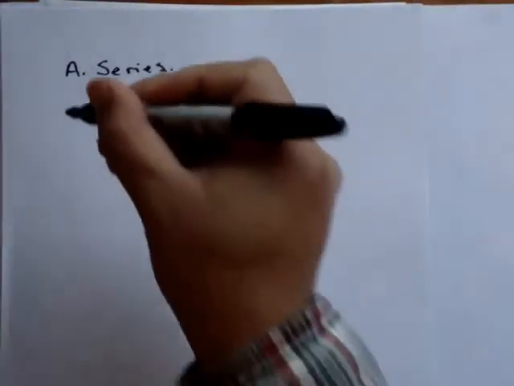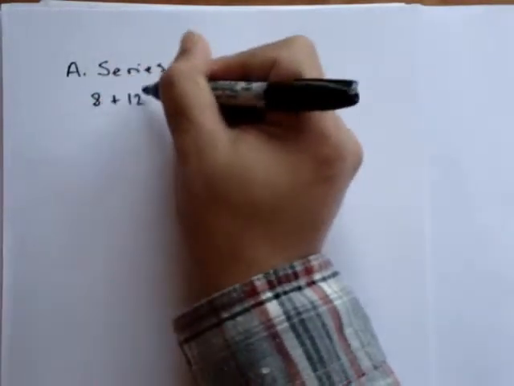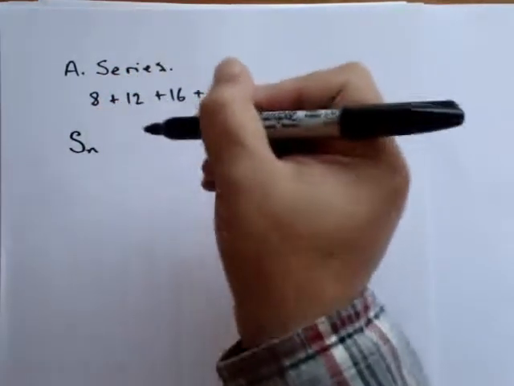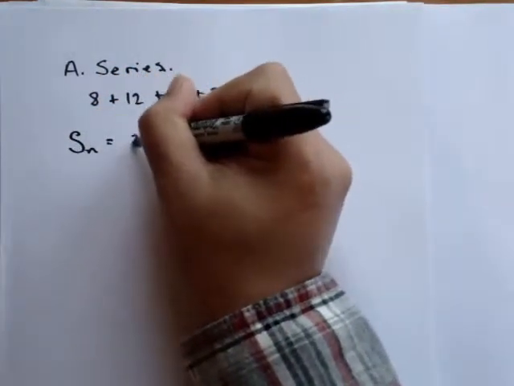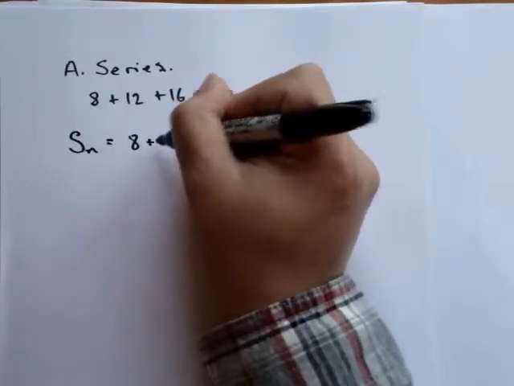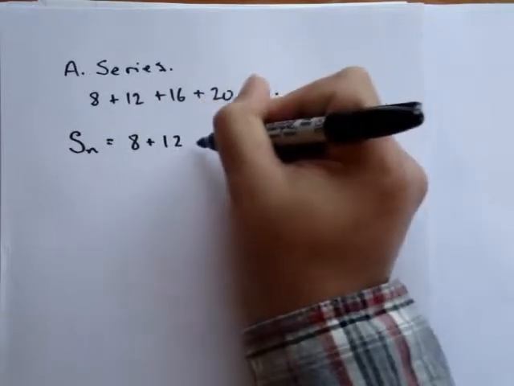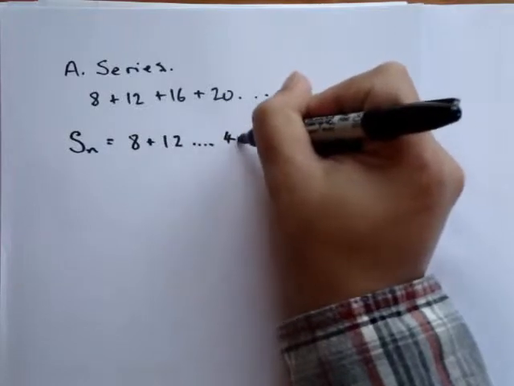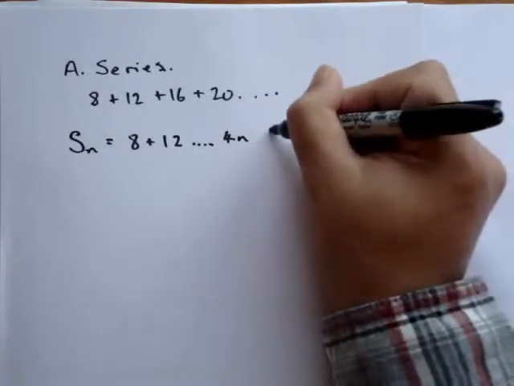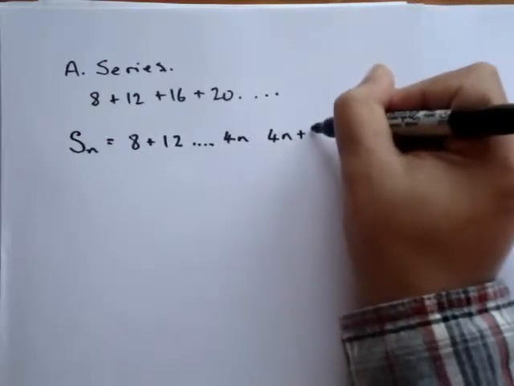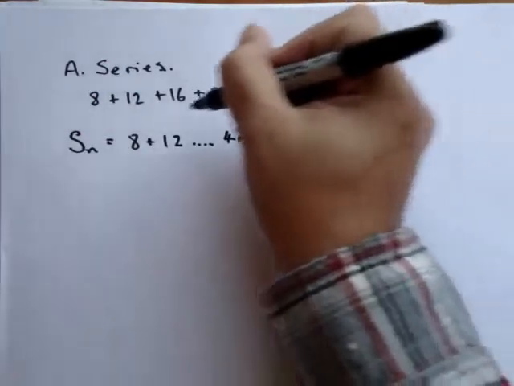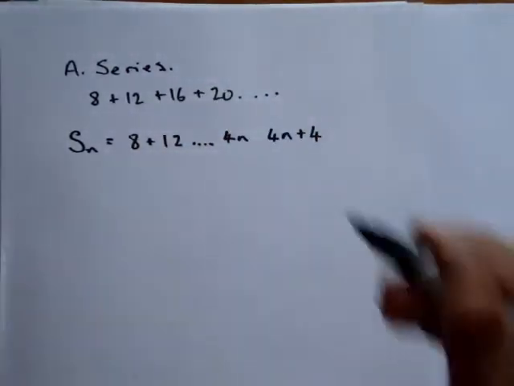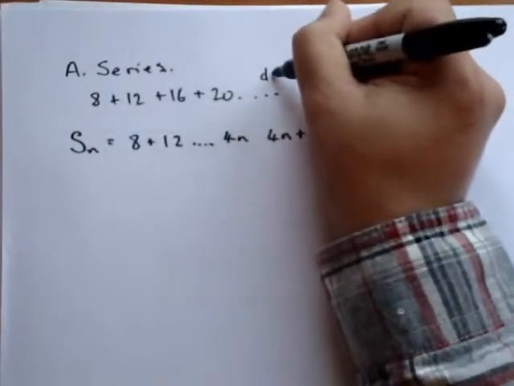If we write the sum of terms, so that would be 8 plus 12 plus 16, as S sub n, we get 8 plus 12 and so on until we get to 4n and then 4n plus 4, 4 being the difference between the terms. So the difference is still 4.